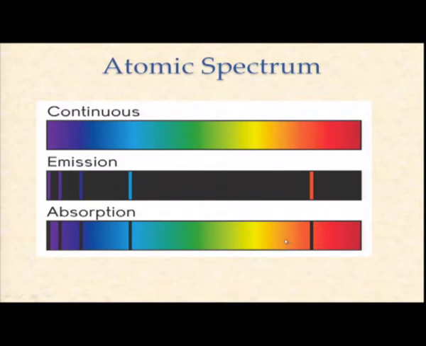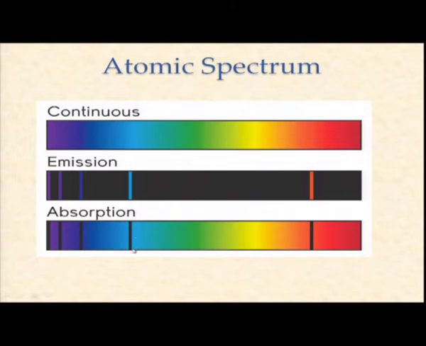Coming to absorption, as I said, you can see dark lines in a color background or white background. So, here this dark line corresponds to absorption of 6000 angstrom wavelength. In spectroscopy, there are data to relate the 6000 angstrom absorption to a particular atom.